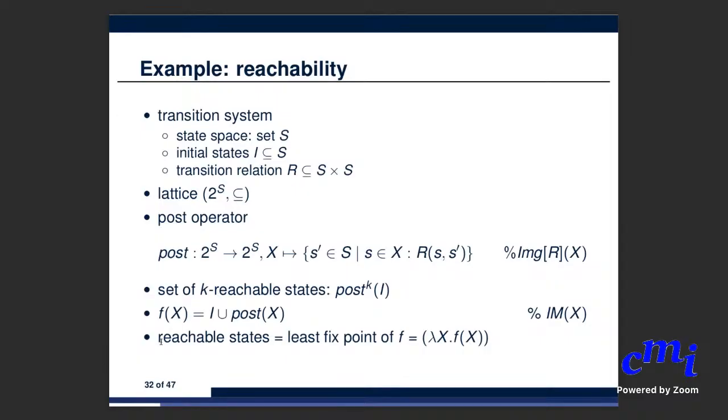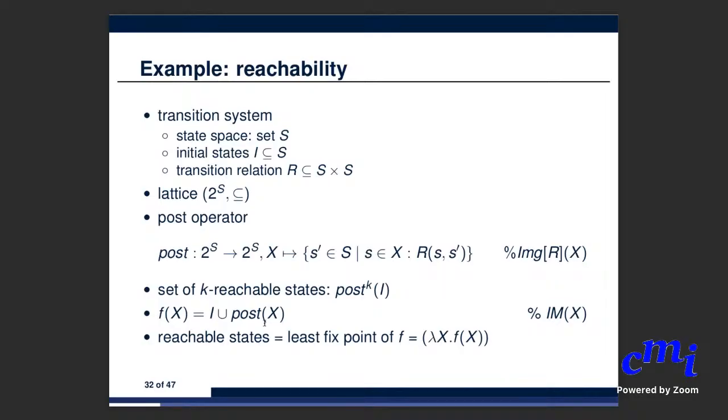If X1 is less than or equal to X2, the image of X1 is obviously less than or equal to the image of X2 under R, to which it is adding I, and therefore it is monotonic. So once you have monotonic, the previous two theorems guarantee the existence of a fixed point.